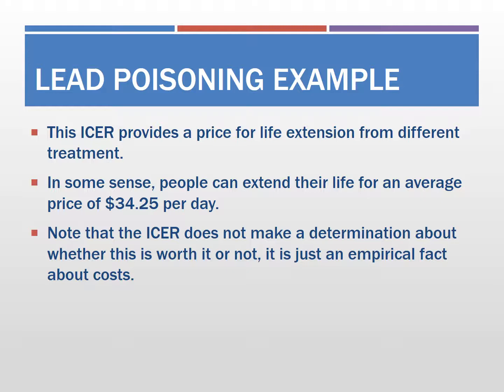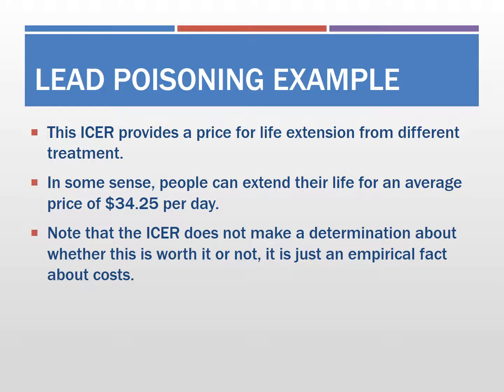So let's suppose the ICER provides a price for life extension from different treatments. In some sense, people can extend life for an average of $34.25 per day. This ratio does not make a determination about whether it's worth it or not to get the treatments.